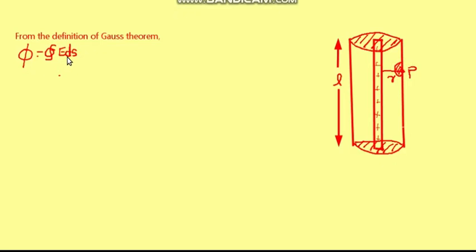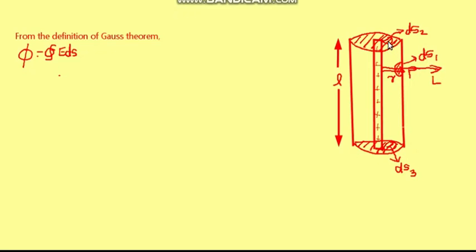So the closed integral E.dS can be factorized as integral E.dS1, plus integral E.dS2, plus integral E.dS3, where dS1 is a small portion of the curved surface, dS2 is a small portion of the flat surface which is above the cylinder, and dS3 is a small portion of the flat surface which is below the cylinder. So now you can assume that let E1 be the electric field through the surface dS1.